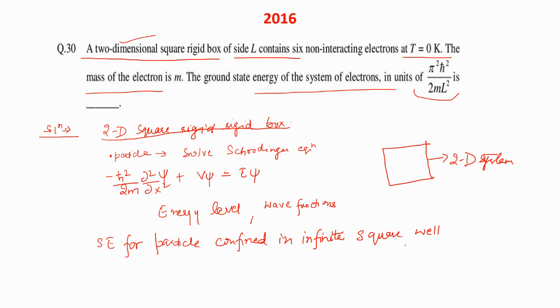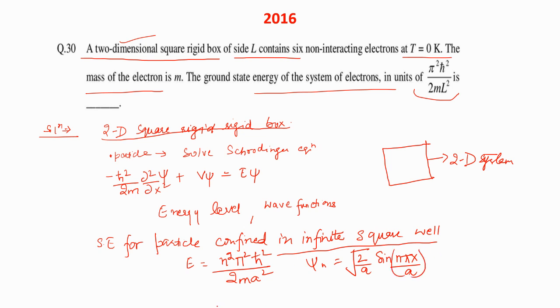Do you know the wave function and the energy level form for that system? E is equal to n squared, correct, and psi n with pi x, right? This is the form, but this is for 1D. In the question, you are asked about 2D, so we will solve the Schrodinger equation in 2D.